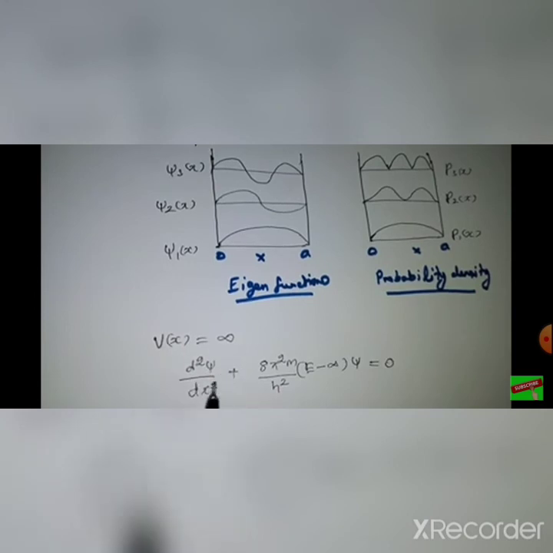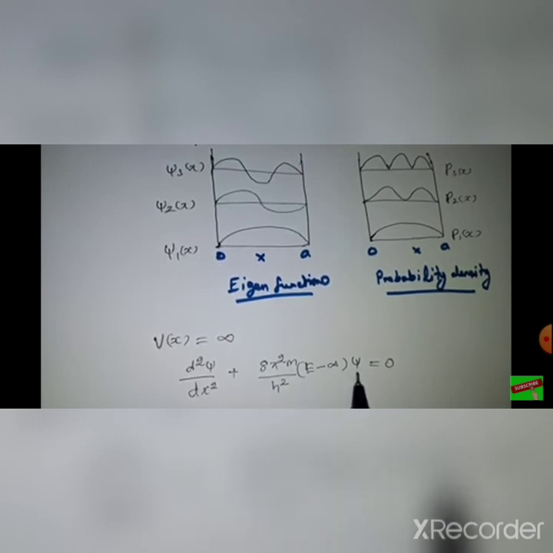Later, the second condition is that the potential value is infinity, that is outside the box. Previously, we applied the inside-the-box condition V equal to 0 and determined the changes. Now we are applying the second condition, V equal to infinity.